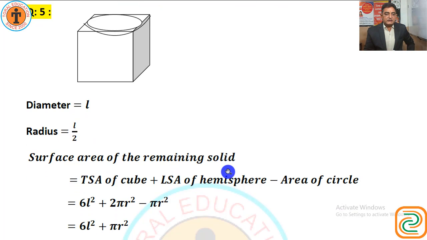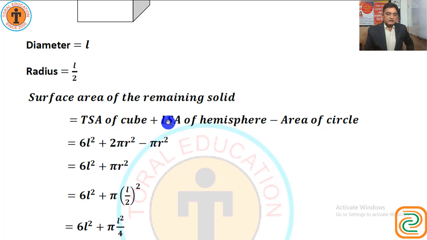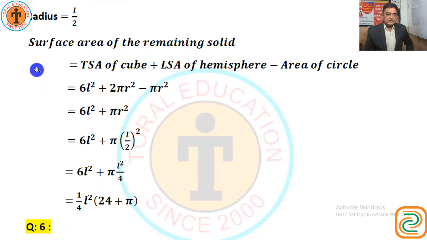So surface area of remaining solid, that means total surface area of cube plus LSA of hemisphere which is inside the cube minus area of the bottom circle, same as question number 4, but it is cut down and the previous one was above the cube. Here it is the same formula, 6L square plus 2 pi r square minus pi r square, 6L square plus pi r square, that gives us 6L square plus pi into bracket L by 2 square, because L by 2 is the radius.